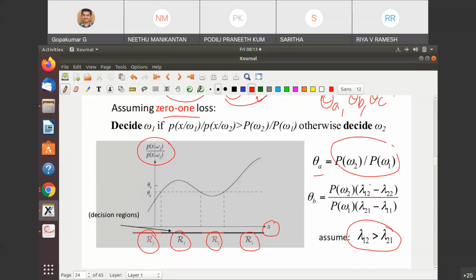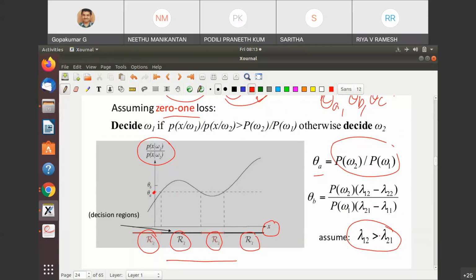In that case, suppose the plot is something like this. That is the threshold likelihood value, and correspondingly we can say that these regions are defined.